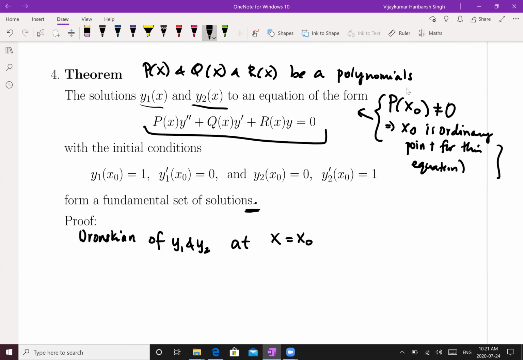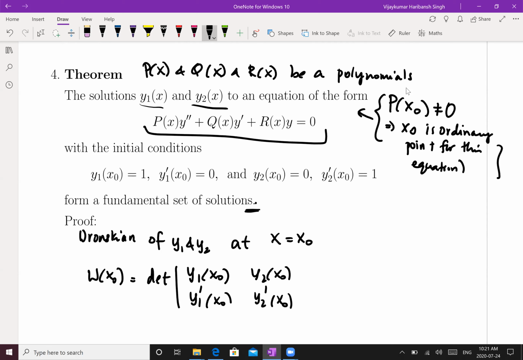It is the determinant of y1, y1 prime, y2, y2 prime, computed at x naught.